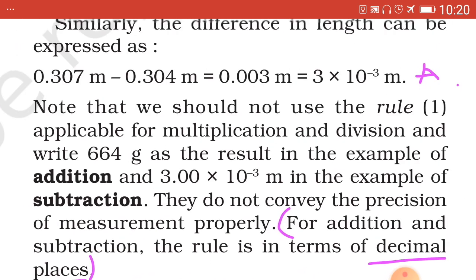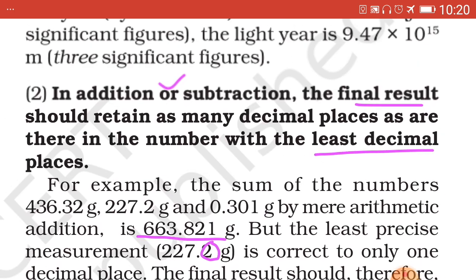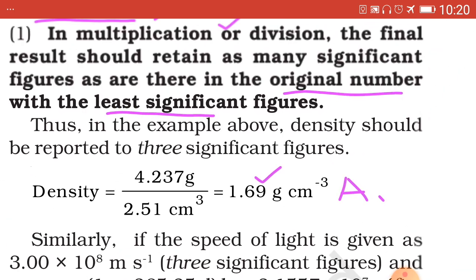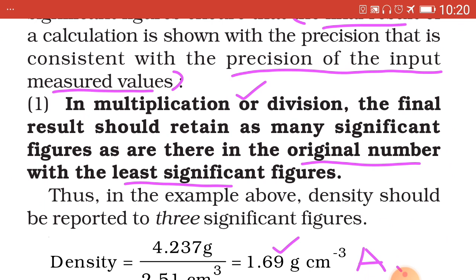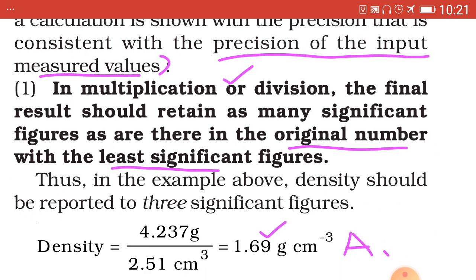So, what do we consider in such cases? The final result of calculation has to be shown with the precision of the input measured values. Say we consider the rule for multiplication or division.